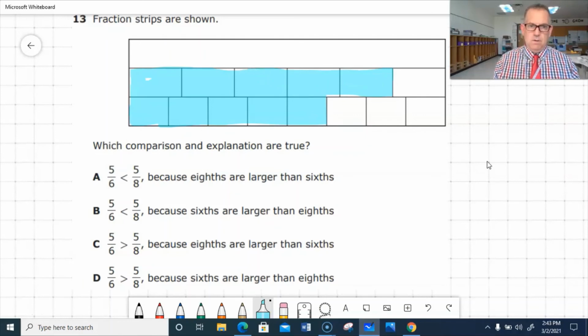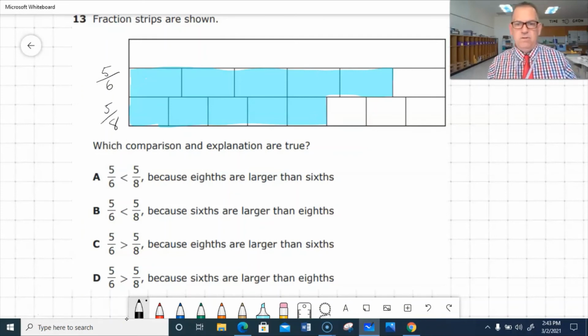Pretty good right there. Okay, so this is my 5/6, and this is 5/8. And it's easy to see when you look at them that 5/6 is larger than 5/8.